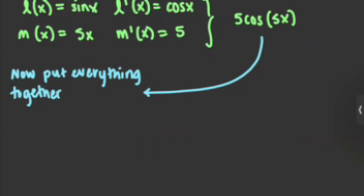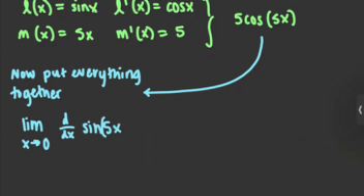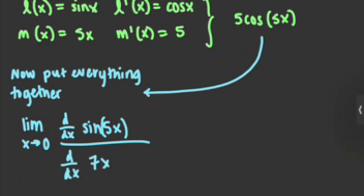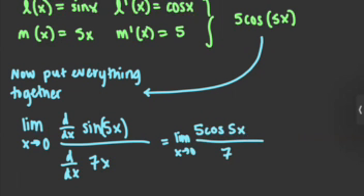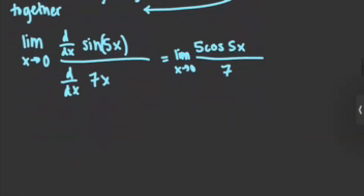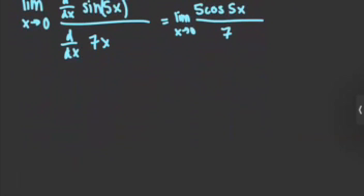So essentially, we're going to put everything together. So the limit of sine of 5x over 7x as x approaches 0 is equivalent to the derivative of sine of 5x over the derivative of 7x. So we're going to use what we just found, 5 cosine of 5x, and then take the derivative of 7x to get 7.